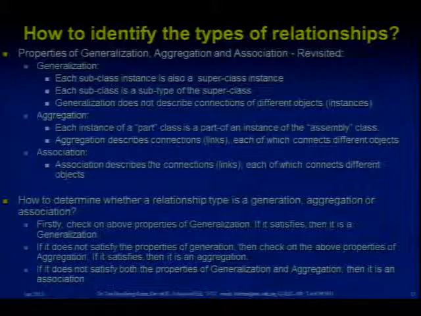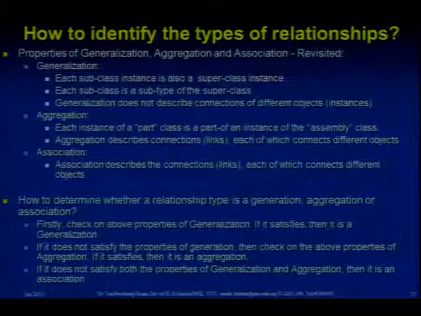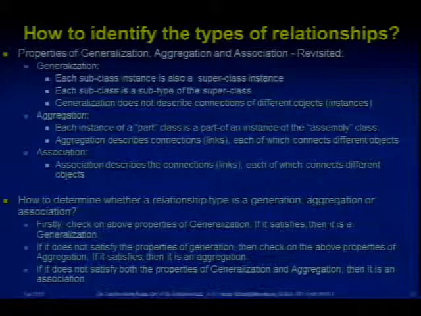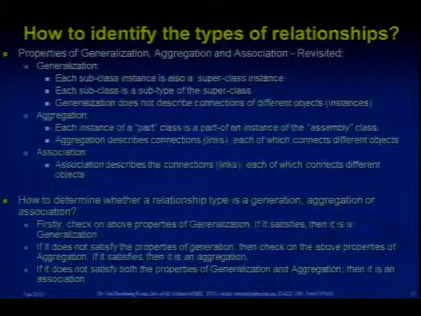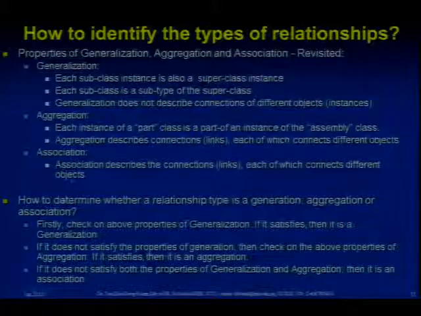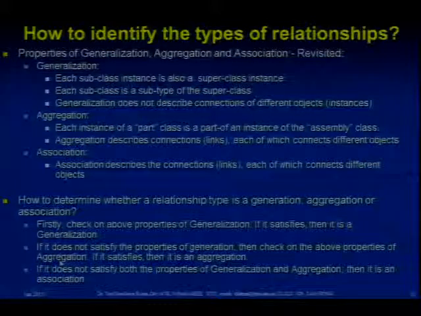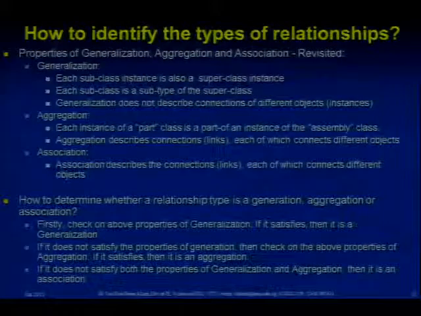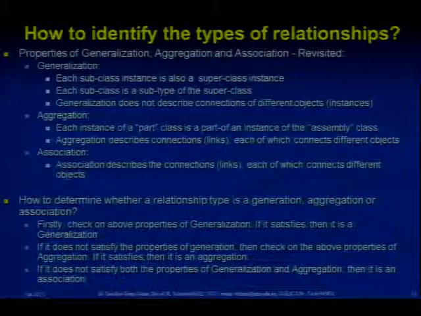If it is, then we will define it as generalization. So you check the generalization first, whether it has the property of generalization. If it has, then we can conclude it is a generalization. If it does not have, then we will proceed to check whether it is an aggregation.